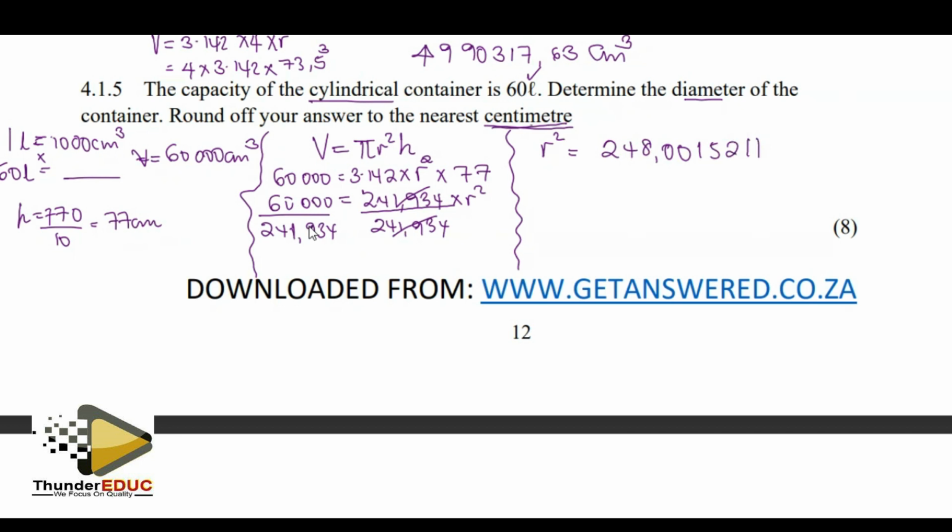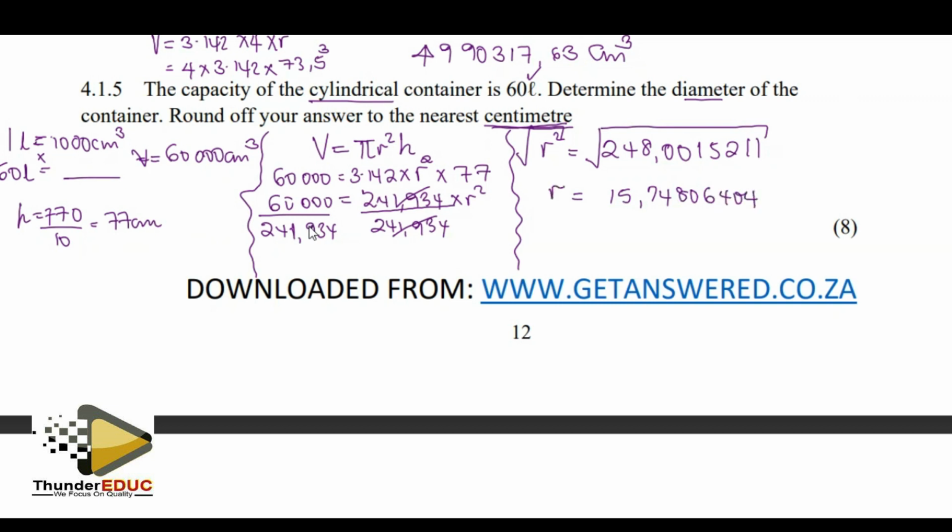So on your calculator, because it's squared and I need to know what is r only, I need to look for the square root on both sides. So find the square root of the answer there. I end up having 15,74806.04.